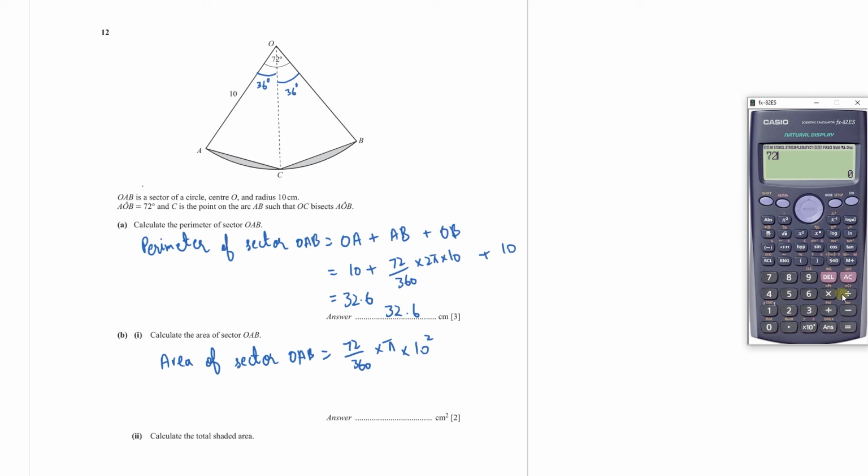So 72 divided by 360 times pi times r squared. 10 squared is 100, so I'll multiply by 100 here. So this is 62.8. Again, I will round it up to three significant figures. So the answer will be 62.8 centimeters squared.